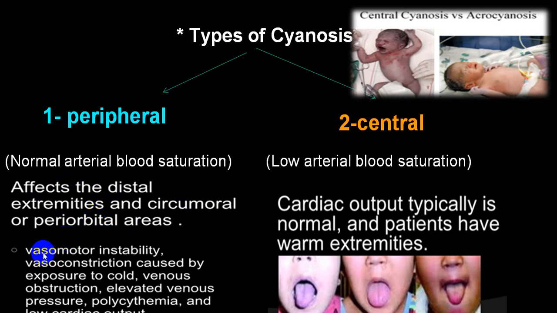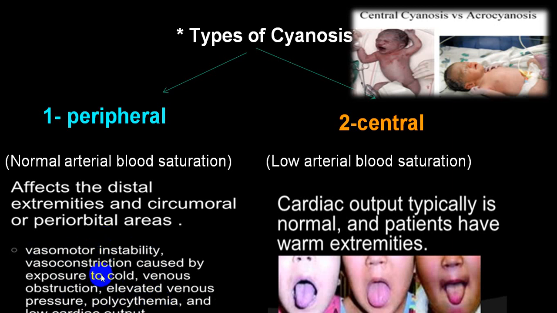This is probably produced because of vasomotor instability. There is vasoconstriction on exposure to cold, or because of venous obstruction, or severely elevated venous pressure, or maybe in a case of polycythemia where there is increased hemoglobin, or maybe because of low cardiac output.